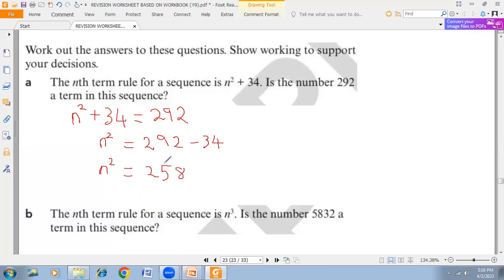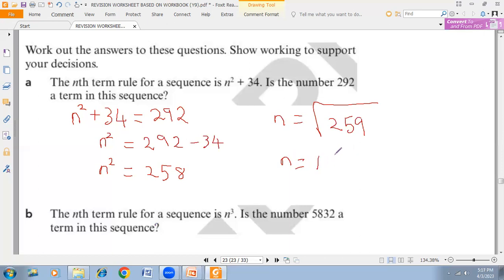So final step, when n squared is 258, bring the square to the opposite side. Make it become square root. Let's check if we can get a whole number answer for n or not. Square root of 258, use a calculator. It is 16.093 something.